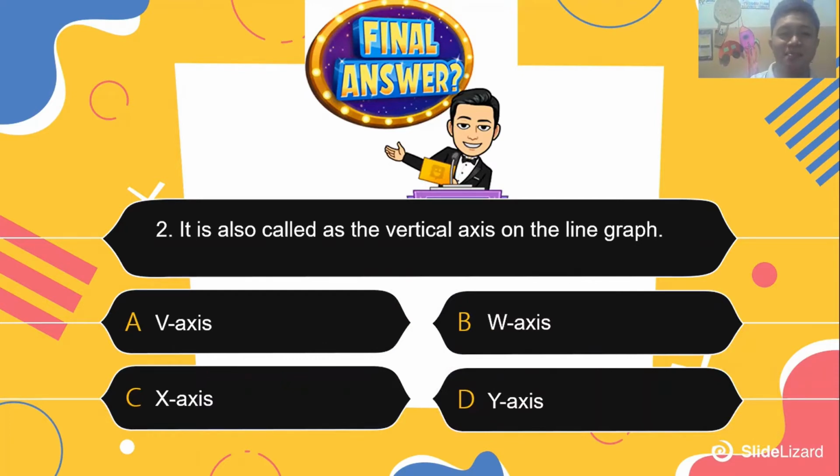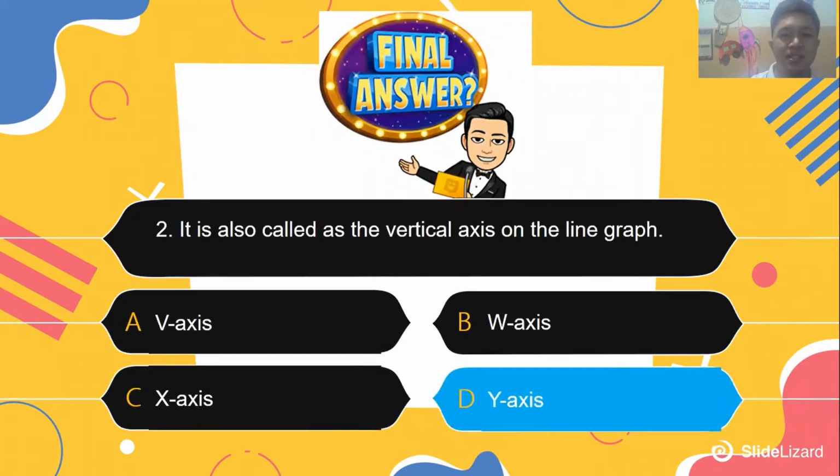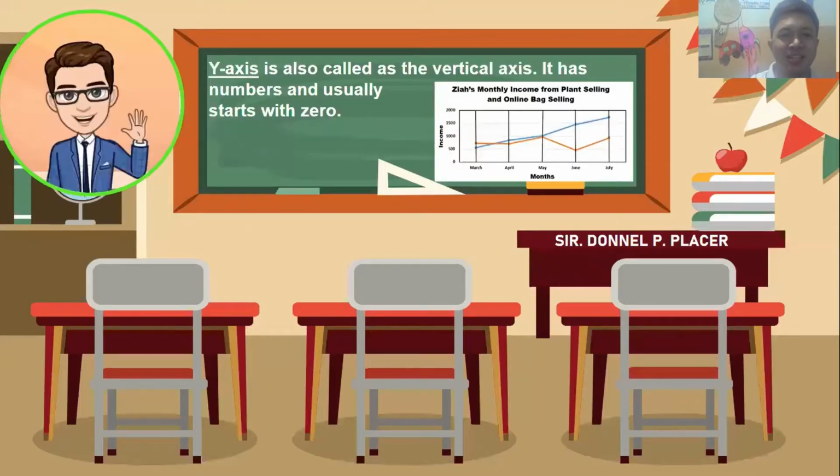Okay, time's up. The correct answer is y-axis. Correct. So y-axis is also called as the vertical axis. It is numbers and usually starts with 0.